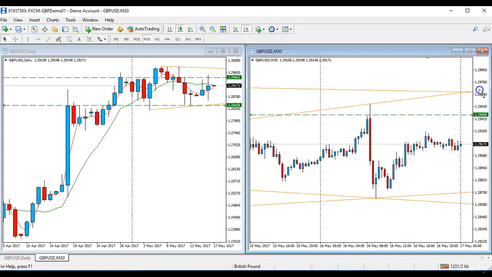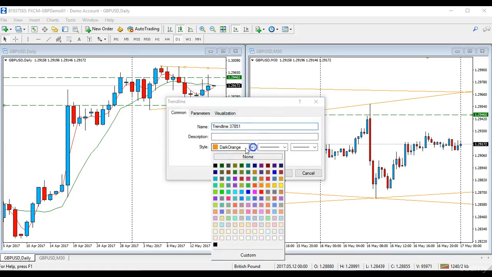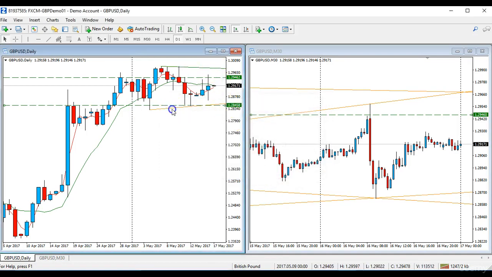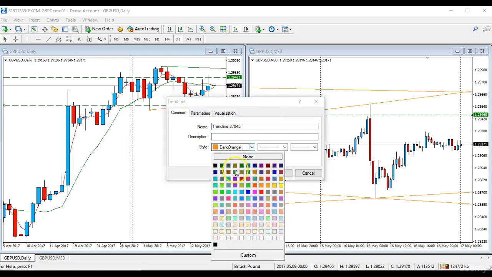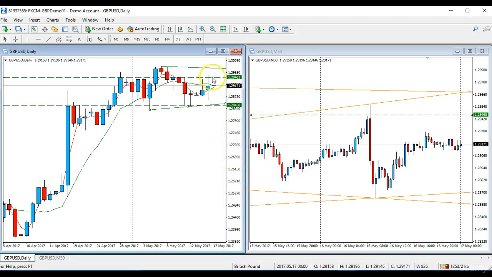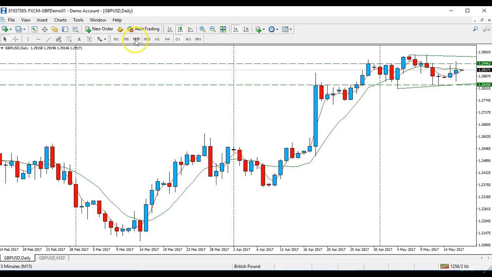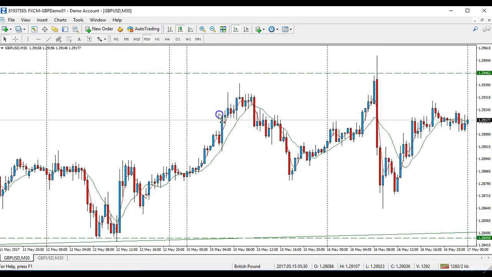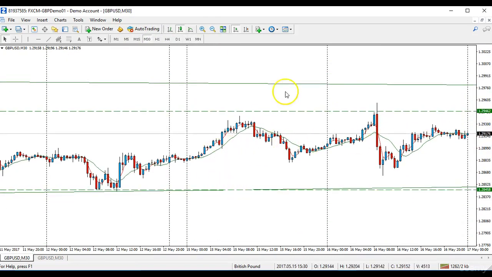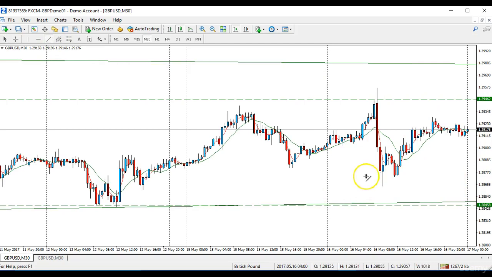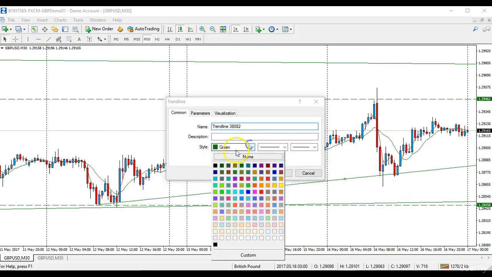So what we're doing is overlaying these higher time frame support and resistance levels and trend lines. Let me color these green. I always color green for my daily trend lines and support and resistance. So we color those green, and then if I now go down to the 30-minute chart, I can see the daily support and resistance on this chart, and I can now overlay the 30-minute trend lines.